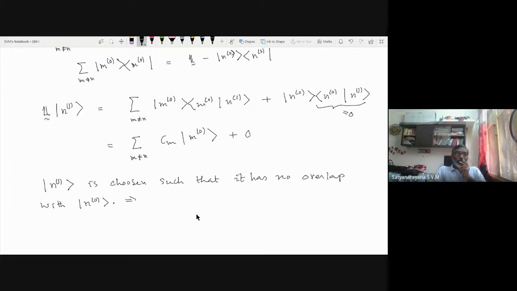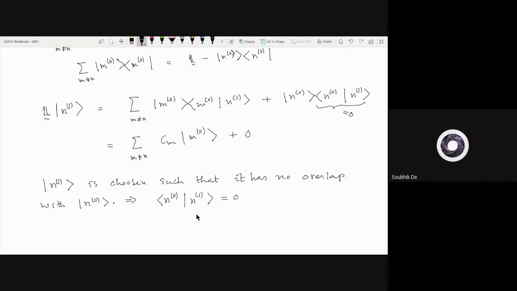What does that mean? That means your n1 is chosen such that it is orthogonal to n0. Corresponding n0 only. It's not orthogonal to some other m0, and that is what this cm is about. Correct? So it is orthogonal to the corresponding n0.